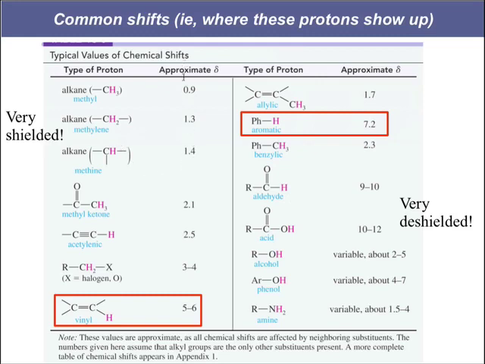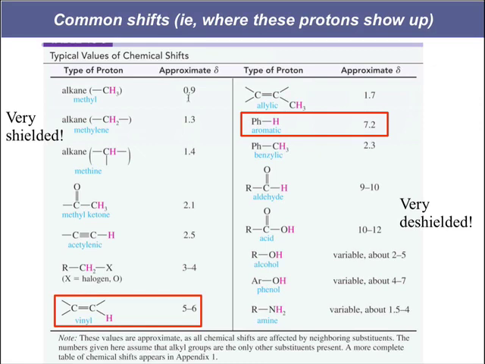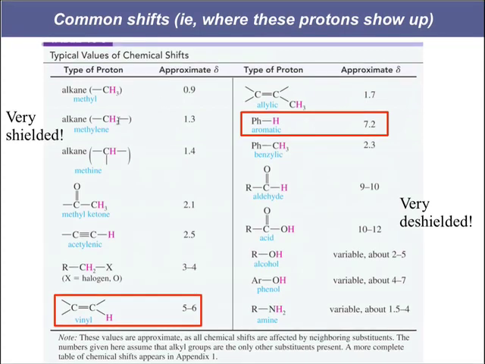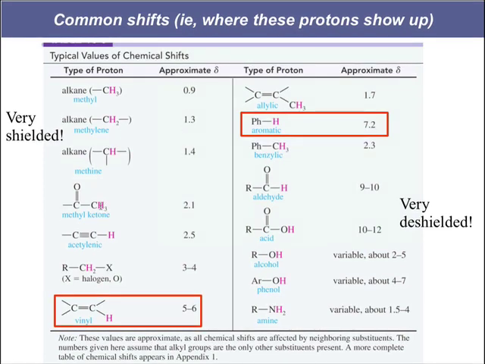So all of these are very shielded, but NMR actually lets us differentiate between methyls or primaries, secondaries, and tertiaries. That's pretty cool. The very slight change in chemical environment from a primary to a secondary to a tertiary hydrogen can actually be observed in NMR. Hydrogens on a carbon adjacent to a carbonyl shift 2.1.